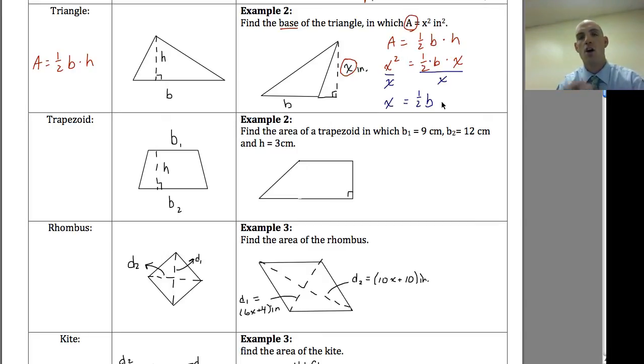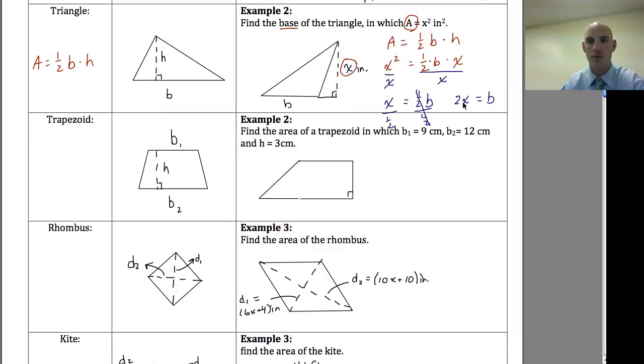See what I did there? 1/2 times b times x. I'm not solving for x, I'm solving for b. So I'm going to divide by x. x squared over x is just x. So if x equals 1/2 b, I'll divide by 1/2, and we remember that dividing by 1/2 is the same as multiplying by 2, so that's 2x equals b.